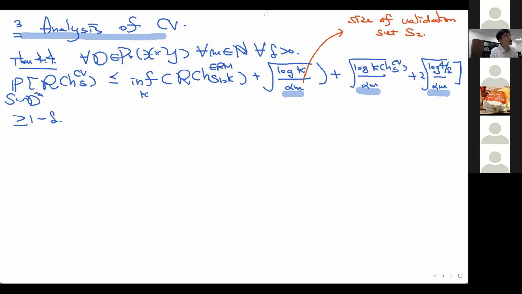On the other hand, the role of S1 is to say that if S1 is large, then with high probability this risk is going to be small. So the size of S1 plays a role in minimizing the first part of this bound.